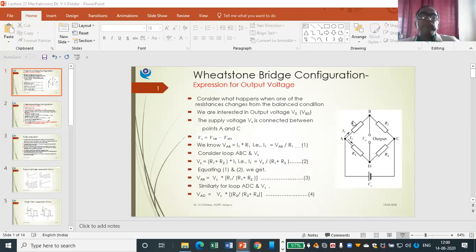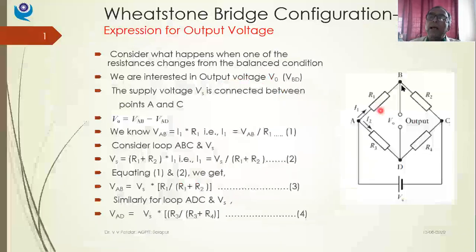Okay, draw this circuit. We have A, B, C, D as the apex points, and we have R1, R2, R3, and R4 as the four resistances. Across A and C, I am giving supply voltage Vs, and across B and D, I am taking out output voltage, isn't it?